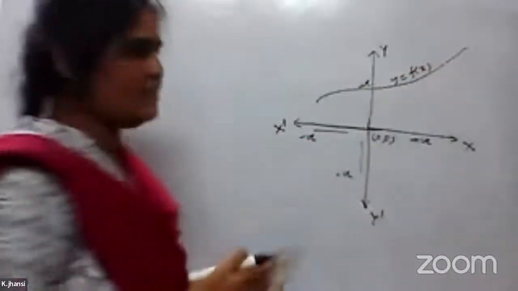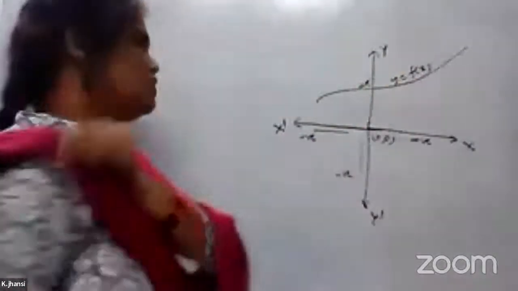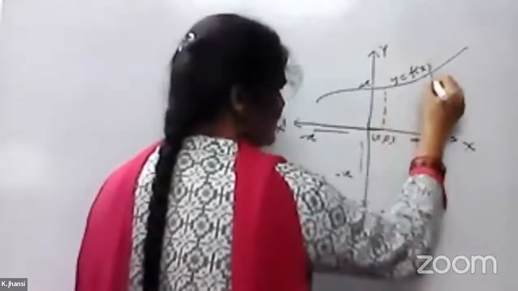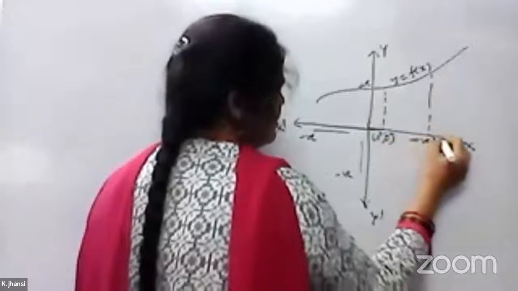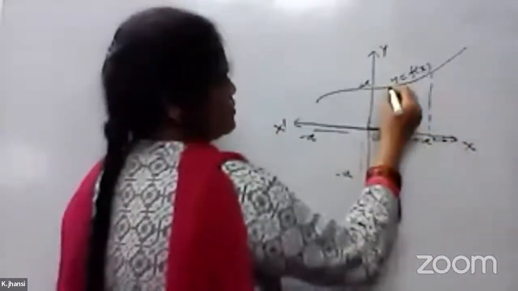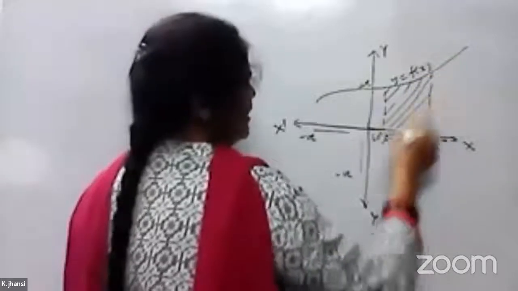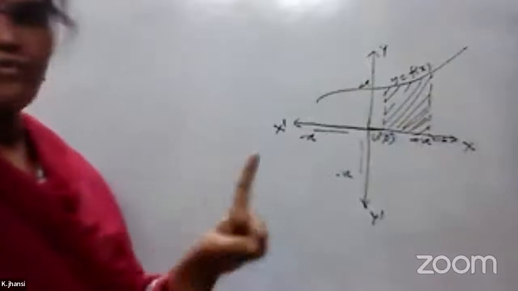If it is a single function, it passes through here. Then to join this with the x-axis, we take the two limit points, x equals a and x equals b. For such figures, they will ask you to find the area of this region, if it is only one function.